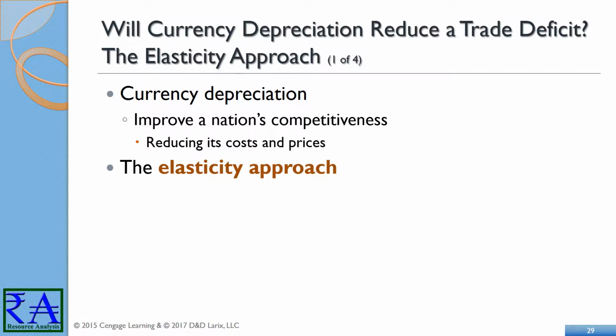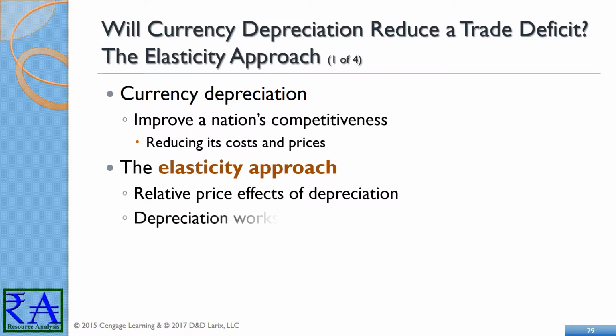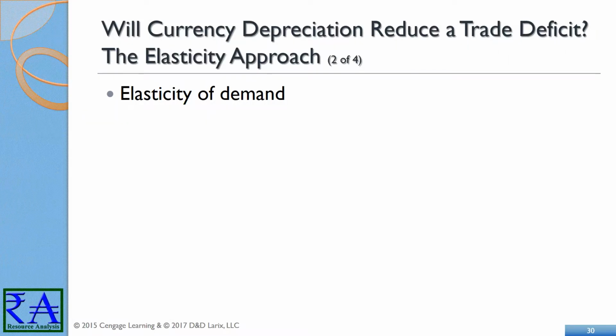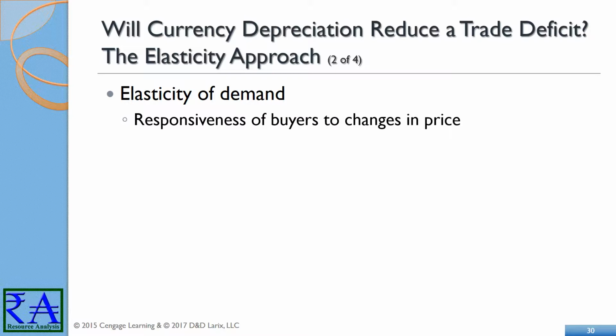The details of the trade balance interactions require a look under the hood, so to say, at the price elasticity of demand for both a nation's imports and its exports. Elasticity of demand expresses buyers' responsiveness to changes in the product's price. We can recall the formula for elasticity of demand and remember the terms for elastic demand, inelastic demand, and unitary demand.